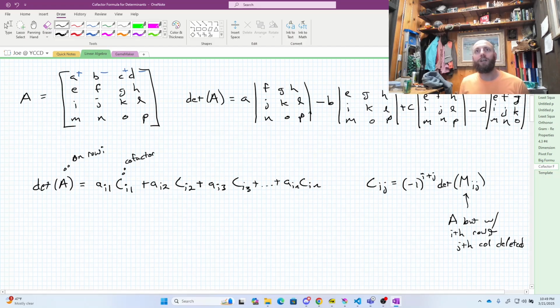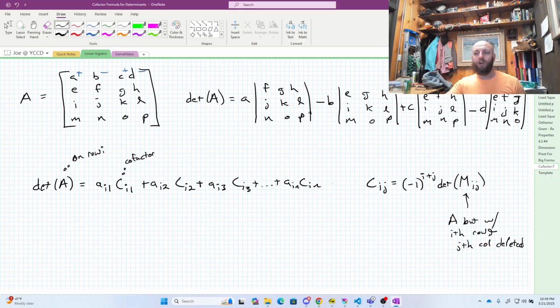So the cofactor here is this guy, the determinant of this matrix. That's the M13 matrix. That's delete row 1 and column 3, right? You can see how this works. So it should be noted that you can use this on columns as well. It should be noted that you ought to pick one where lots of stuff is 0.